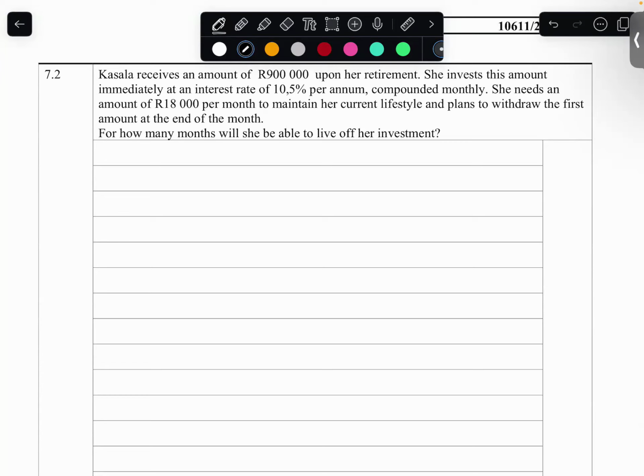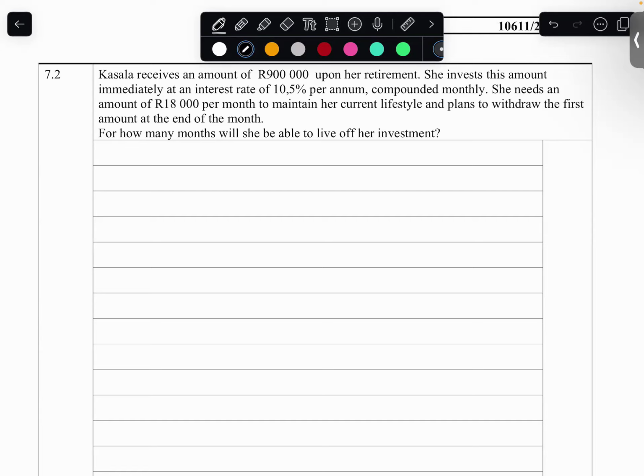Upon her retirement, she invests this amount immediately at an interest rate of 10.5% per annum, compounded monthly. She needs an amount of 18,000 per month to maintain her current lifestyle and plans to withdraw the first amount at the end of the month. She's taking that 1 month's grace, which is perfect, right? For how many months will she be able to live off of her investment?